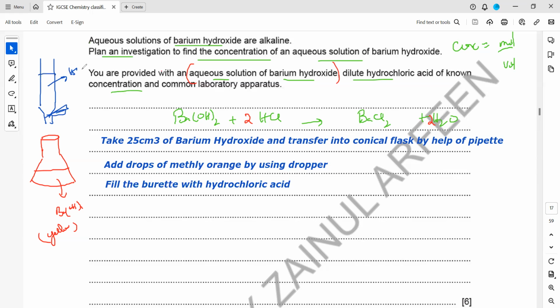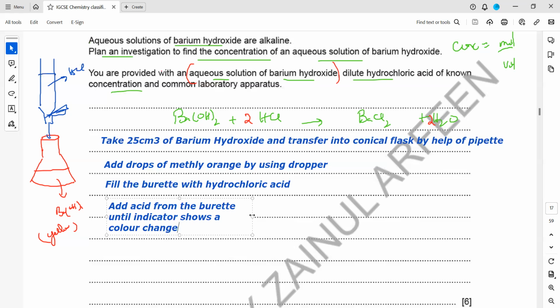HCl is there in the burette. Then we will add acid from the burette until the indicator shows a color change.